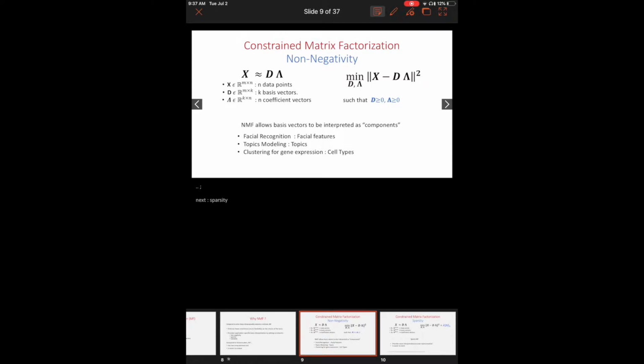These non-negativity constraints allow the basis vectors to be interpreted as components. So, for example, in topic modeling, each basis vector corresponds to a topic, and if a document is represented as a non-negative combination of these bases, then we can interpret that document as containing components of those topics in itself.